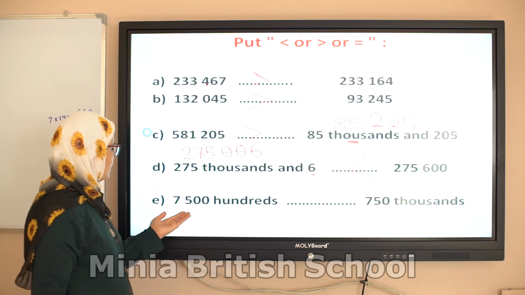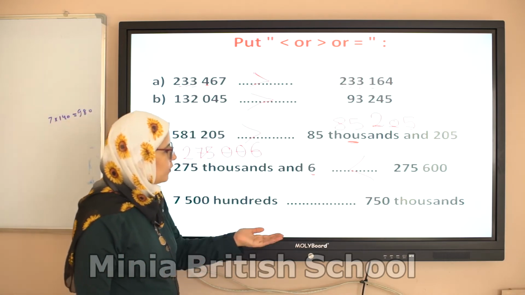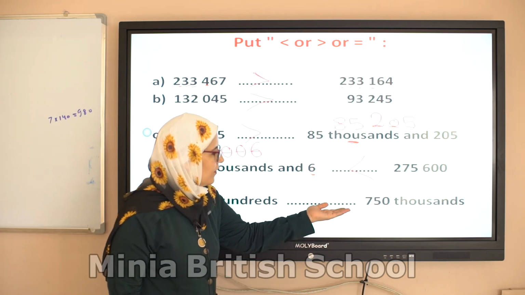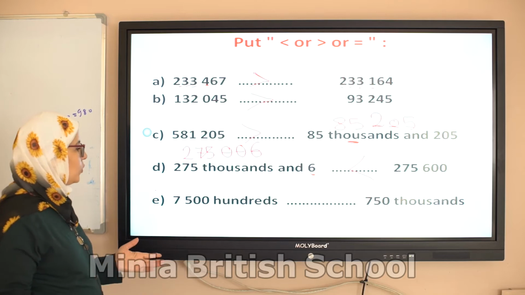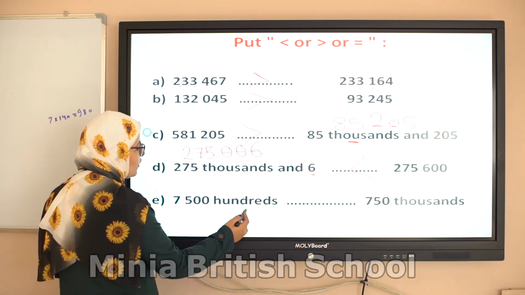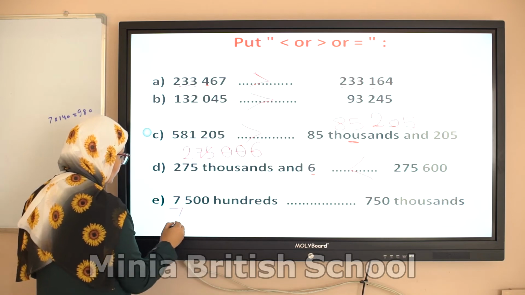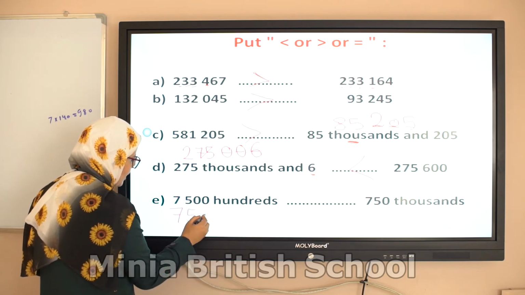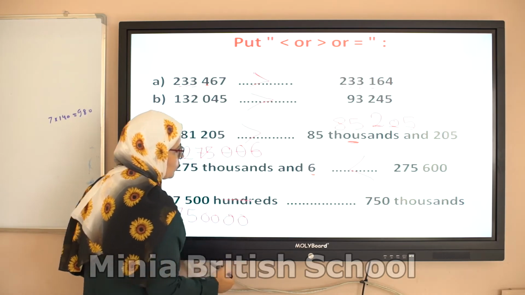Here we have 7,500 hundreds, and here we have 750,000. It confuses me. What will I do? Here we said before, hundreds means what? It means 2 zeros. So I will write this number as it is, and I will replace this hundreds with 2 zeros.